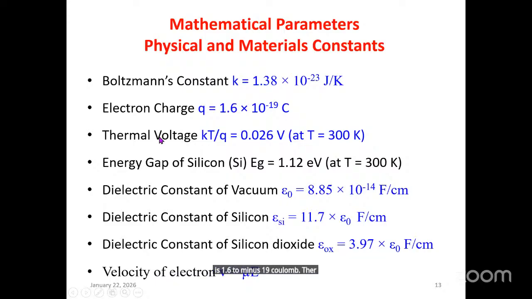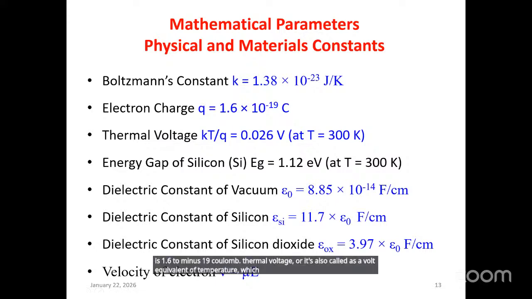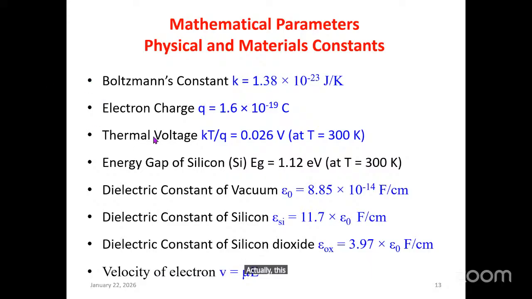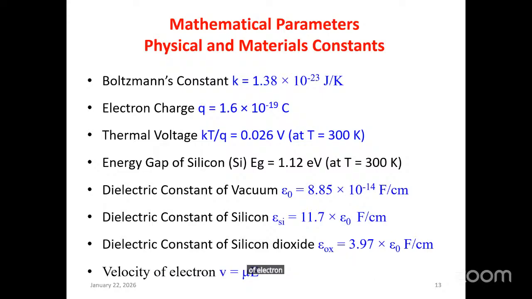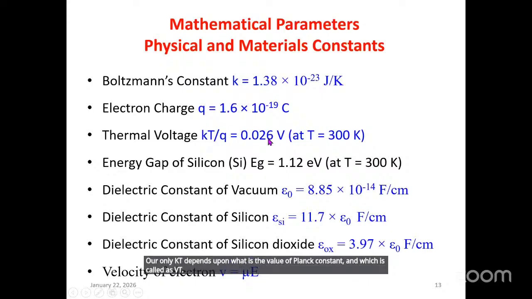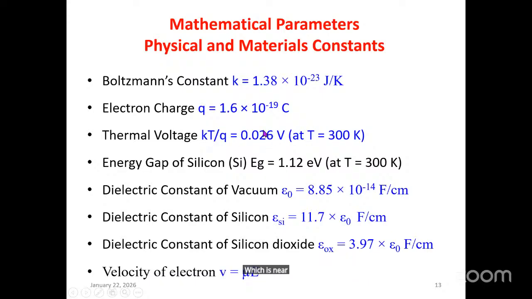Thermal voltage, also called the volt equivalent of temperature, is kT by Q. This is from Einstein's equation: Dp by mu p, the diffusion constant by mobility for holes, and Dn by mu n for electrons, equals the thermal voltage, given by kT by Q. It is called Vt, which is nearly 26 millivolt at room temperature.